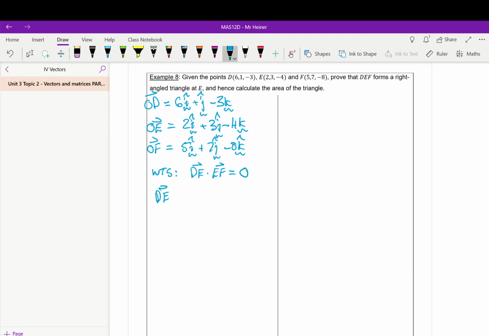So DE is going to be the same as OE take OD, and that is going to give us negative 4i plus 2j minus k. And then EF is going to be OF take OE, which is going to give us 3i plus 4j minus 4k.